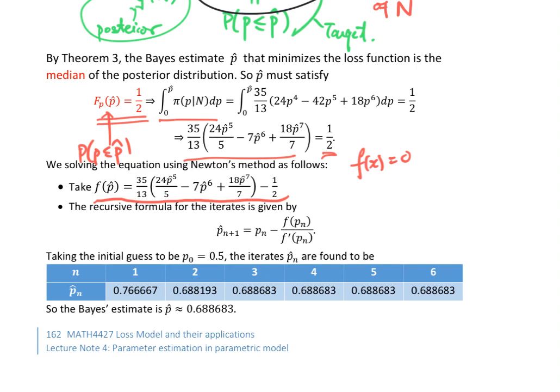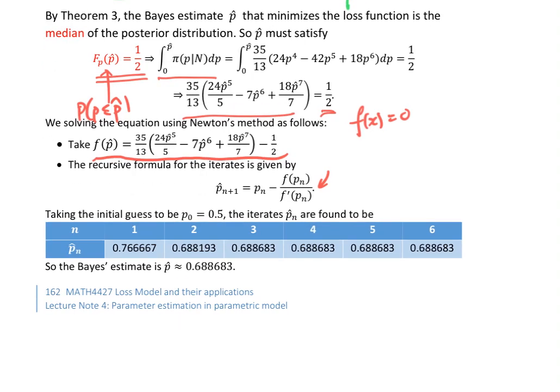Given this, you build up the iteration formula for p. Once you have this iteration formula, you just choose an arbitrary guess. Let's take p0 equal to 0.5.